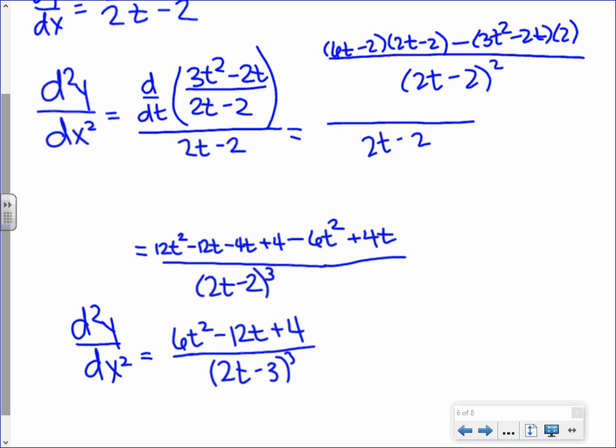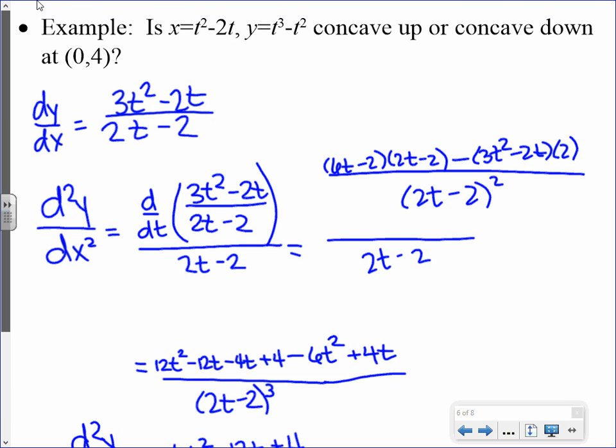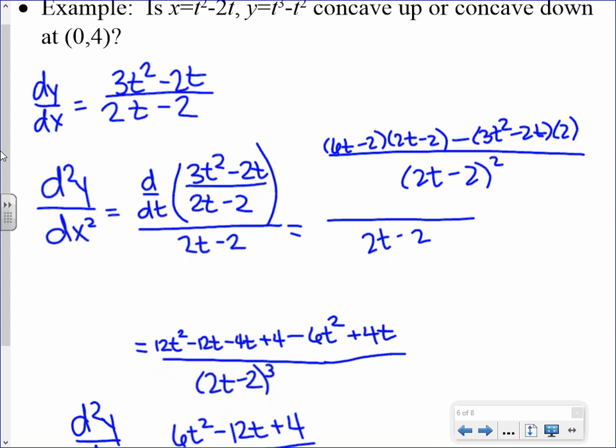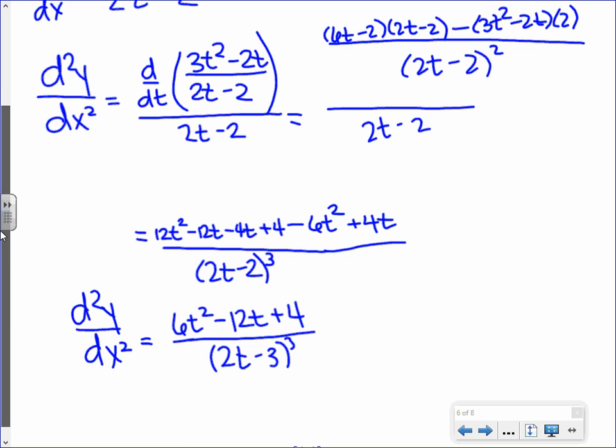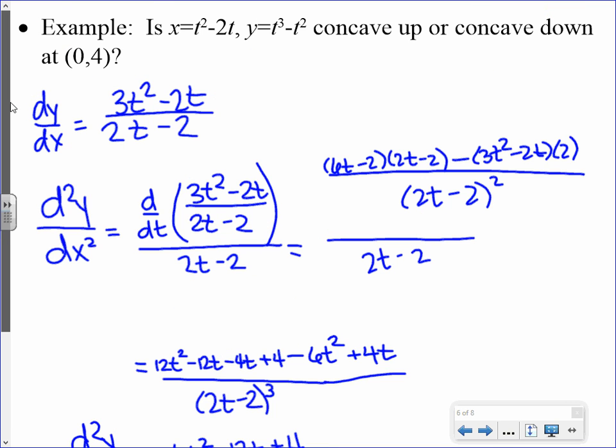What was I asking for in the very beginning? Concavity at (0, 4). Okay, so let's go back up to this. My second derivative is in terms of t, so we need to figure out what t value gives us (0, 4). The easiest one would be to put 0 in for x.